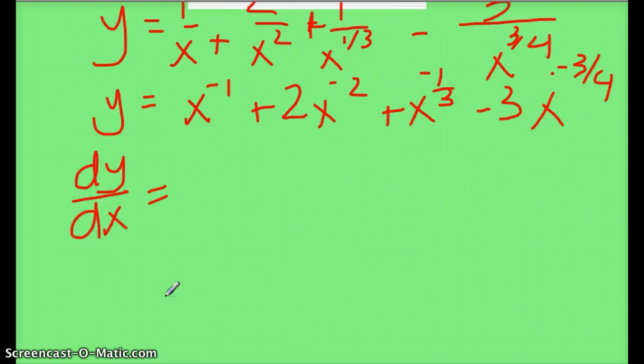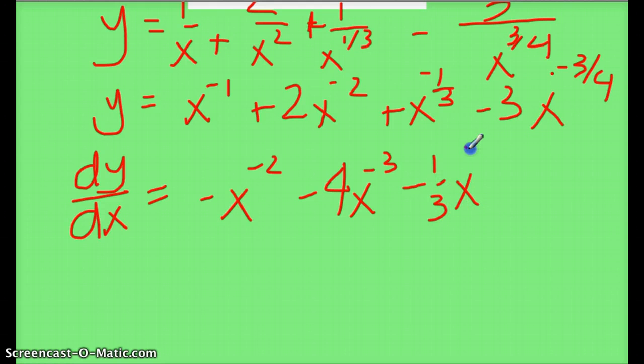And if I use all my power rules, I get negative x to the negative 2 minus 4x to the negative 3 minus 1/3 x to the negative 4 over 3 plus 9 over 4x to the negative 7 over 4.